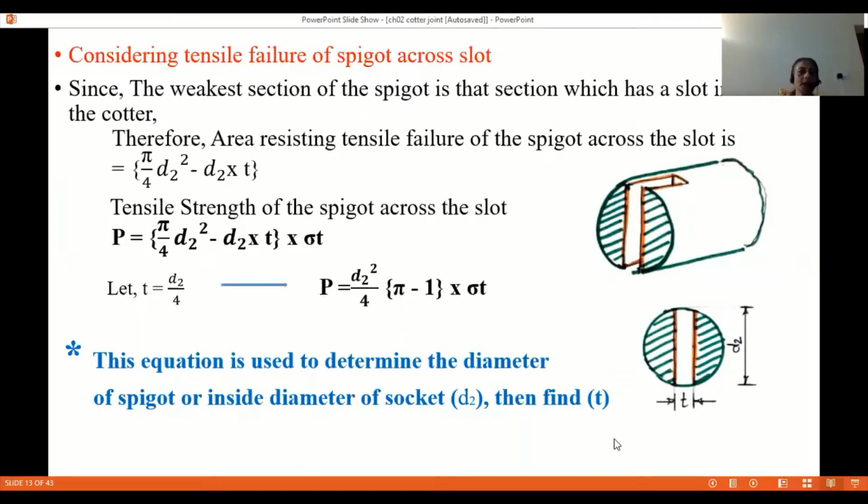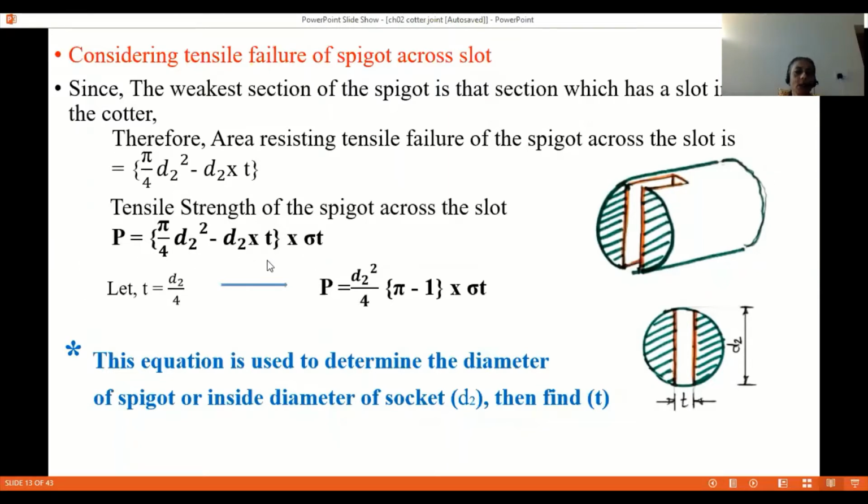So it comes to pi by 4 d2 square minus d2 into t. The tensile strength of this spigot will be area into sigma t, so P is equal to pi by 4 d2 square minus d2 into t, into sigma t.